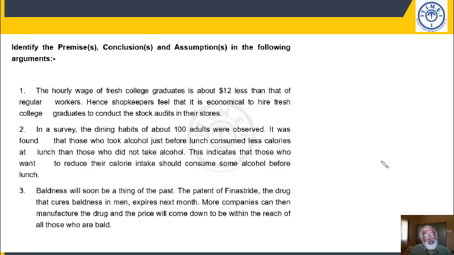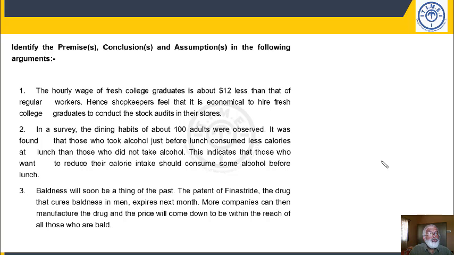So, therefore, economical. But you want college graduates to conduct stock audits in your stores rather than regular workers, which means you believe that college graduates can do a fairly decent job about doing it. If you did not believe so, then how would you make this argument? So you realize my argument really is the hourly wage of fresh college graduates is about $12 less than that of regular workers.